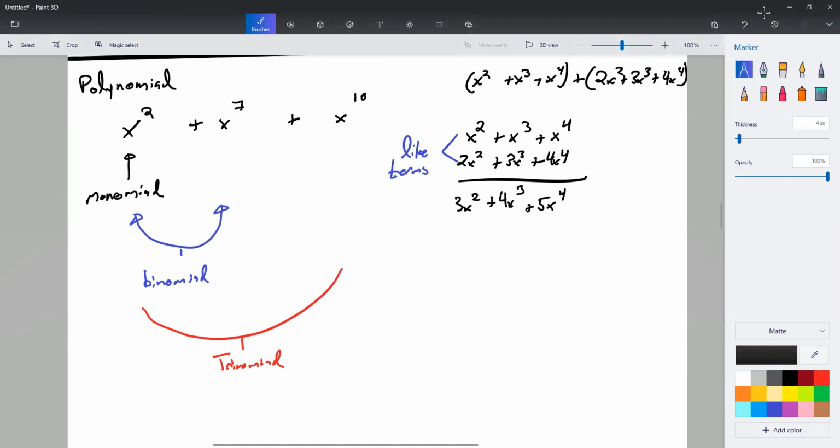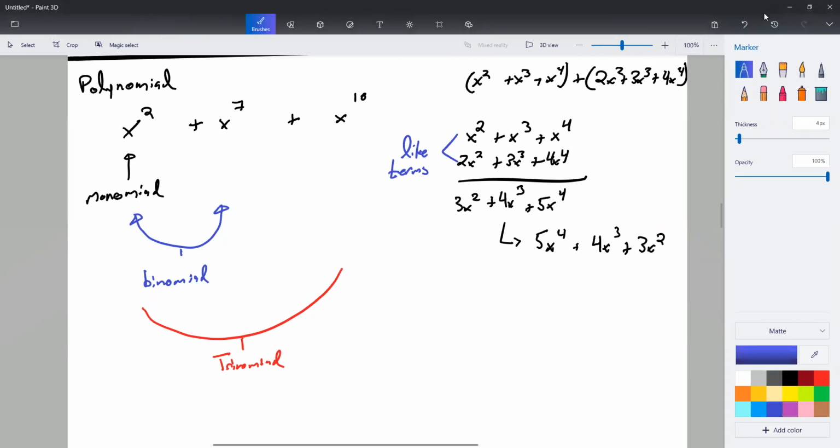Now, one thing to consider here is that we don't usually write it this way, with the exponents getting larger as you read from left to right. We usually write it with the largest exponent up front. So 5x to the fourth plus 4x to the third plus 3x squared.